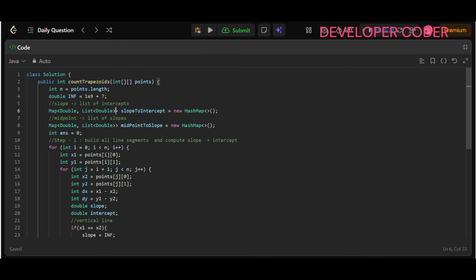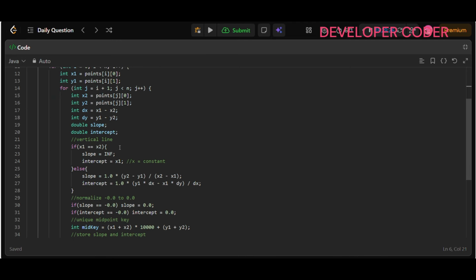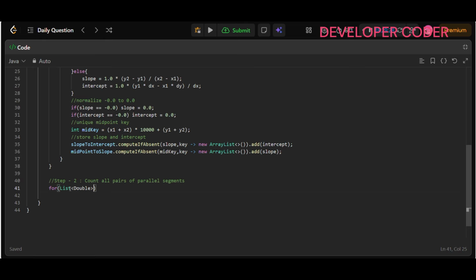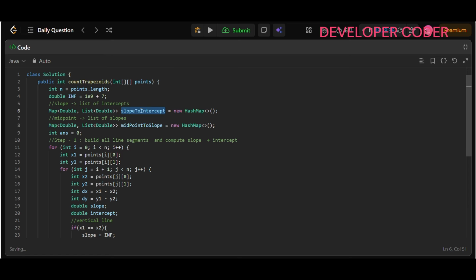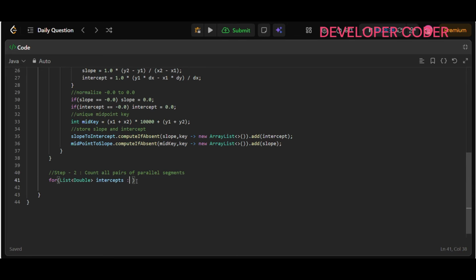So I can say for a list of double of, let's say, intercepts in this slope to intercept, right? Here I'm not iterating over the keys, I am just iterating over the values that I have.